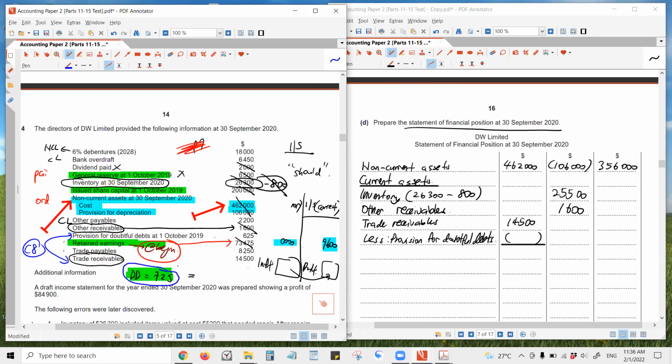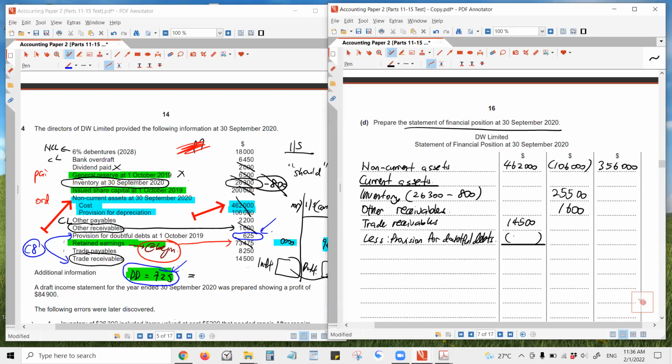Remember, the 625 is previous year's year-end doubtful debt. Current year's year-end doubtful debt is 725. Just now we calculated it, 725 right here. So show this amount. 13775.